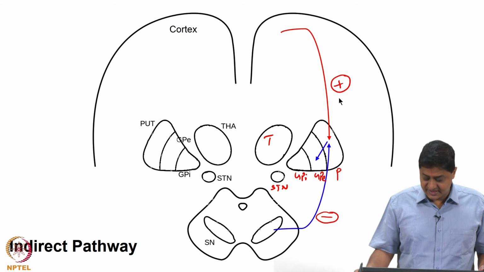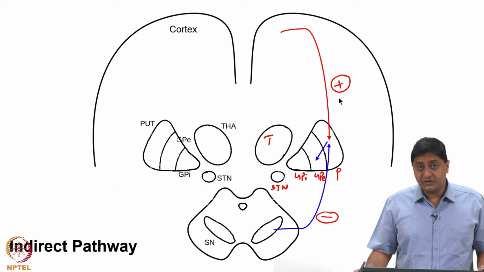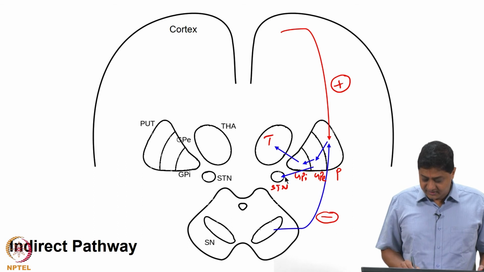which excites the neurons from the putamen to the globus pallidus external, and these are inhibitory interneurons, right. So, these are GABAergic. So, that is why the line here is blue, and they also further inhibit the neurons in the subthalamic nucleus.